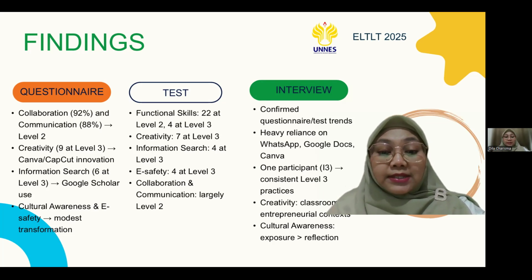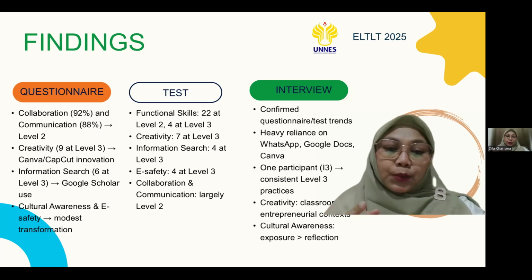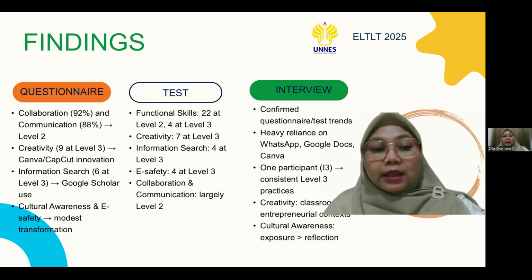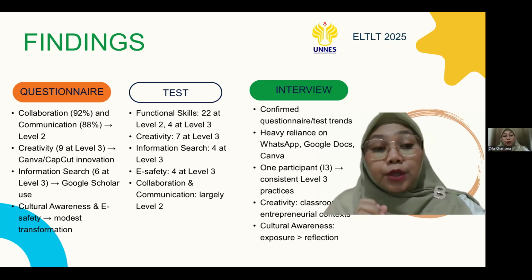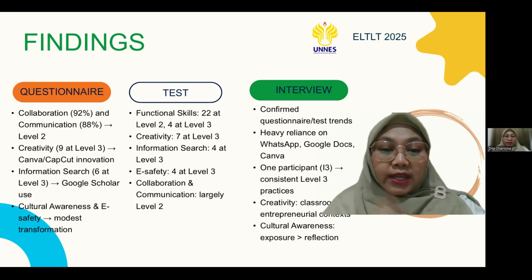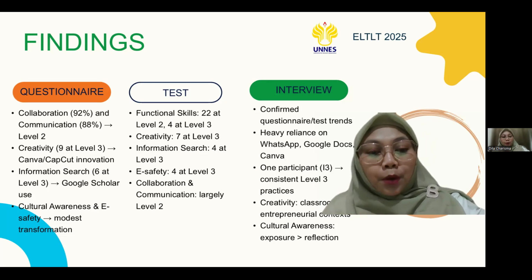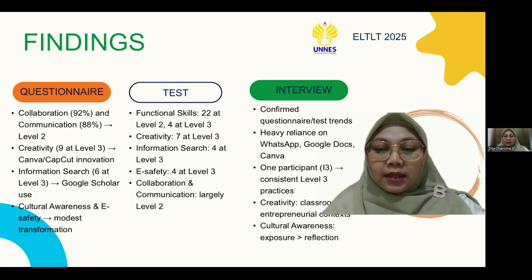The digital literacy test confirmed these patterns. Most participants were situated at level 2 for functional skills, while only a few reached level 3 in creativity, information search, and safety. The interviews offered more nuanced insight.